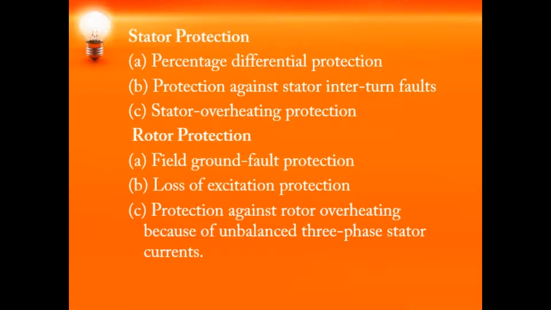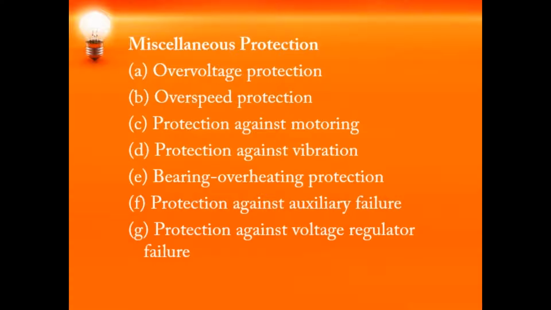For rotor protection, we have field ground fault, loss of excitation, and protection against rotor overheating because of unbalanced three-phase stator currents. And the overall protection of the generator covers over voltage, over speed, protection against motoring, vibration, bearing overheating, auxiliary failure, and voltage regulator failure.